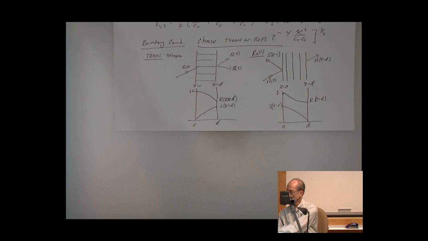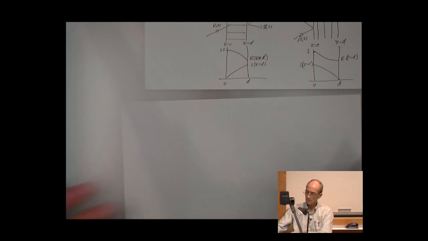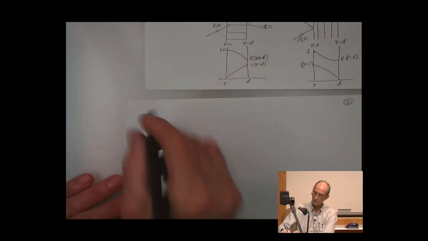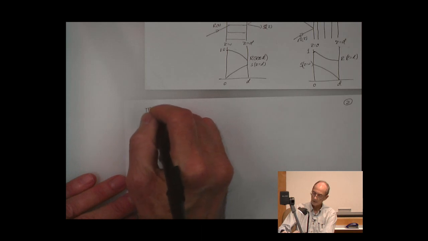So the reflection hologram is a little more complicated than the transmission grating. Last time we did solve the boundary conditions for the transmission grating.